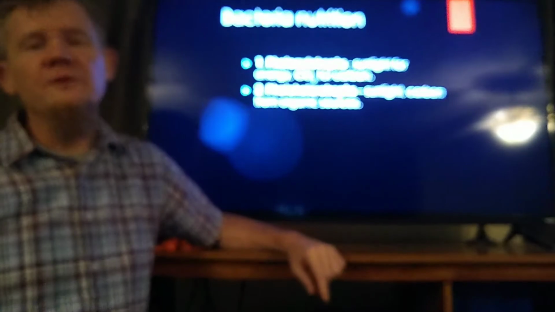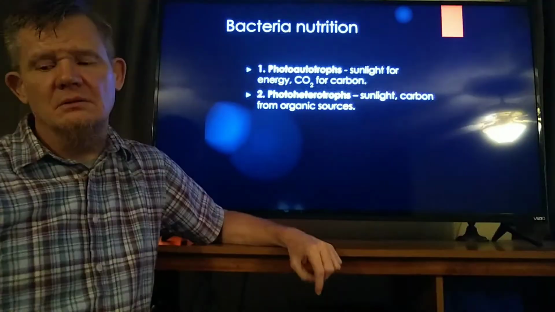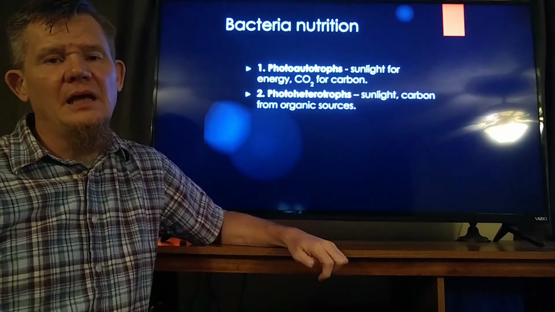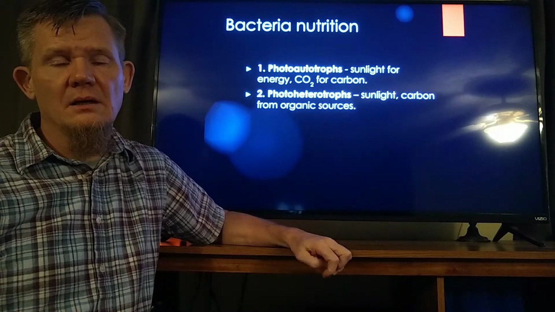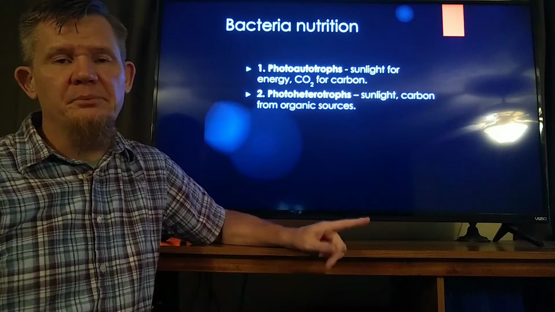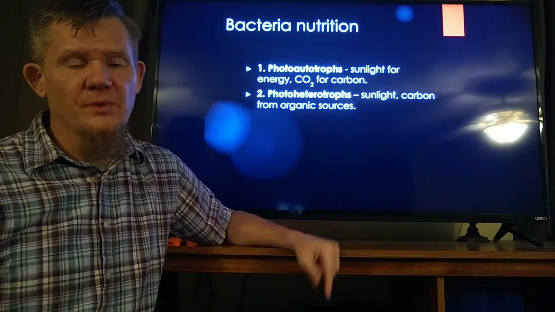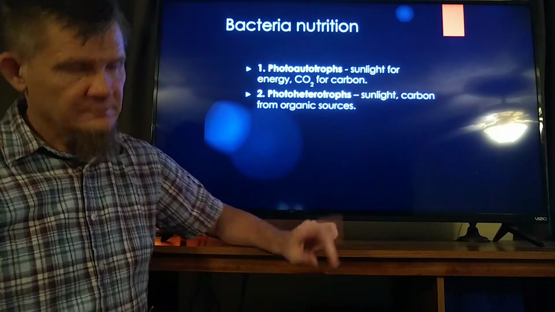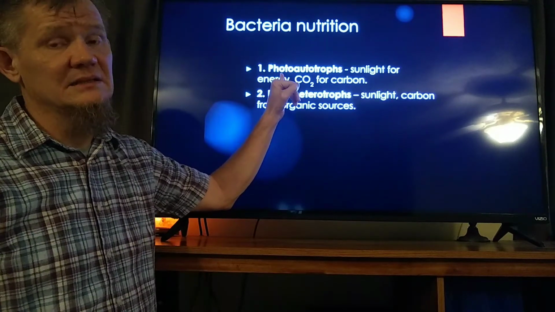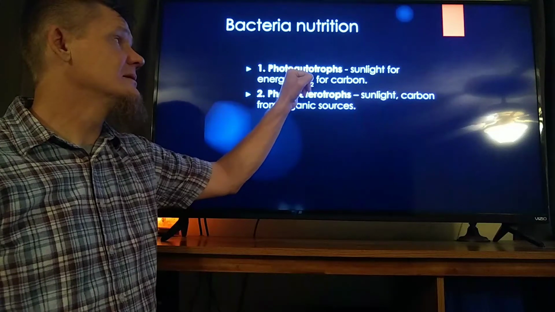There are a few different ways in which bacteria can make food. The first way that bacteria can make food is by being a photoautotroph. Photo, it means what? It means light.